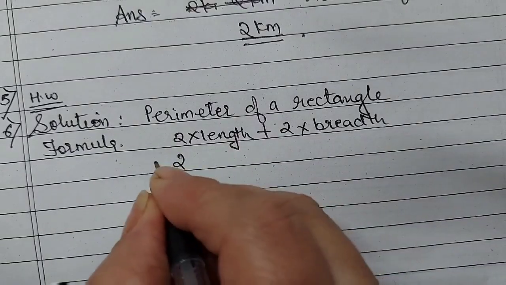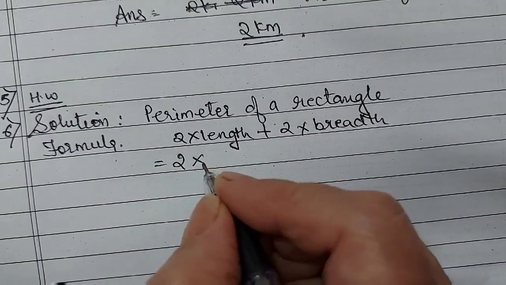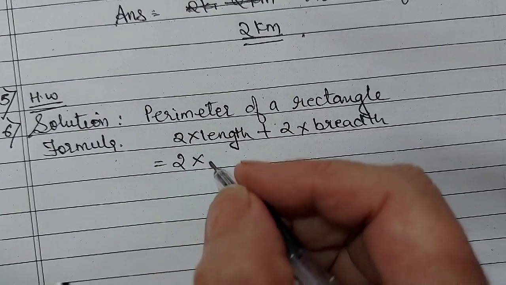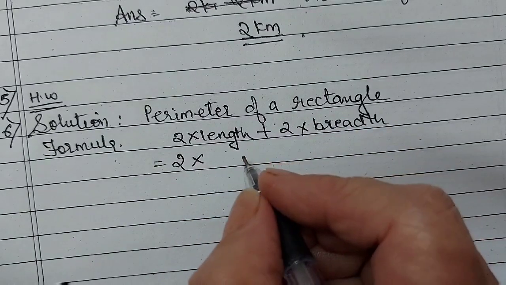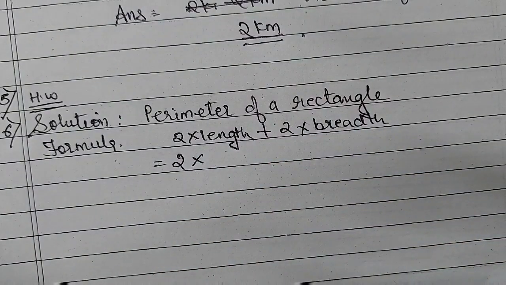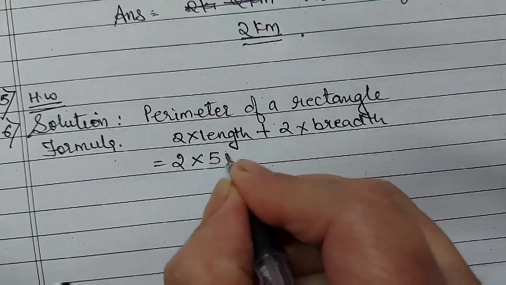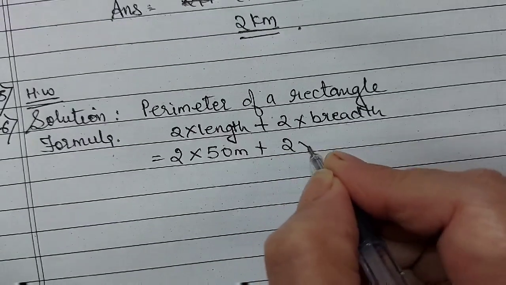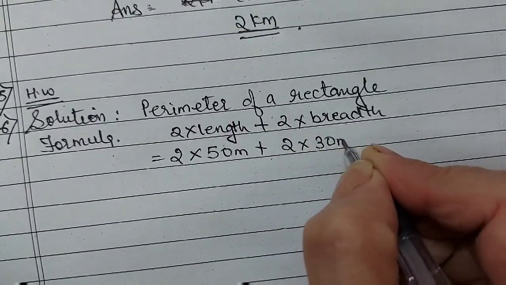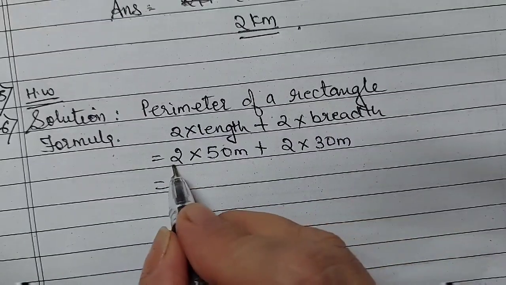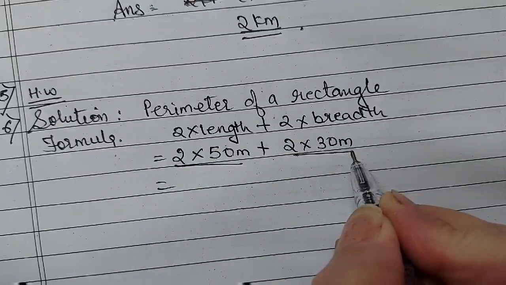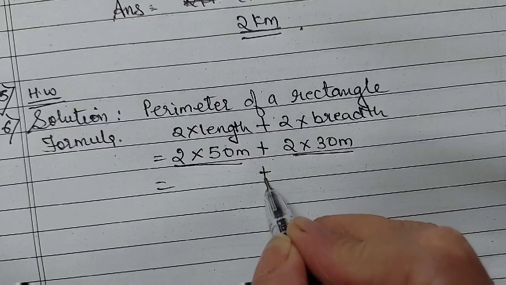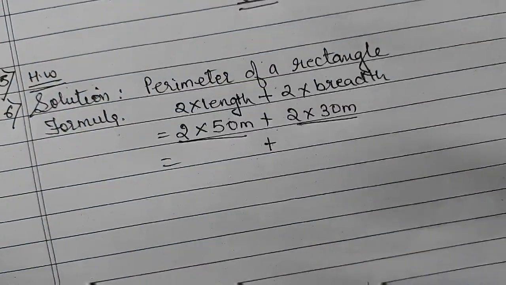Now what you have to do is equals to 2 into... Now what is the measurement? The measurement is 50 meters and 30 meters. So we have to write here 2 into 50 meters plus 2 into 30 meters is equals to, calculate this, then calculate this. Addition sign will be brought down as it is.